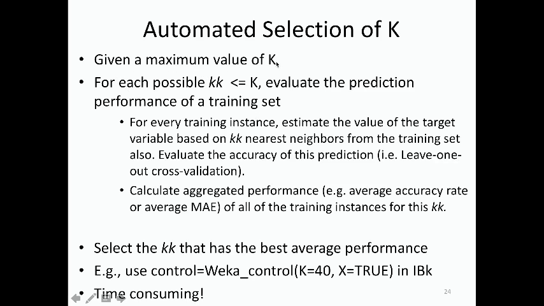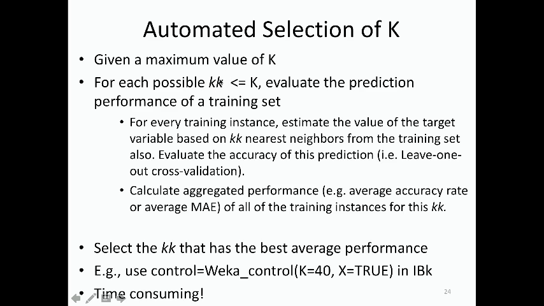When you set the parameter to automatically select K, then the K given in a KNN function is recognized as the maximum value as opposed to a fixed value.